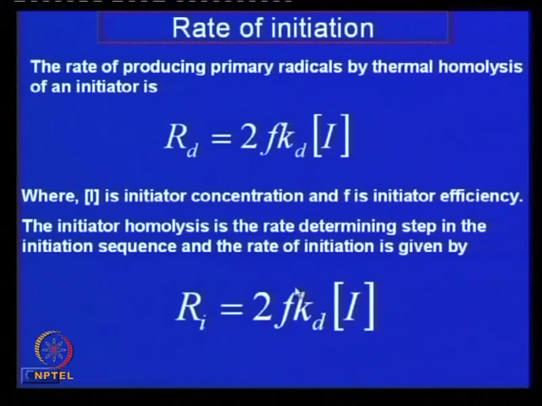Now, F is an efficiency factor. Why is this efficiency factor included in this rate equation? Because once an initiator molecule is thermally decomposed, their thermal decomposition efficiency comes into play.